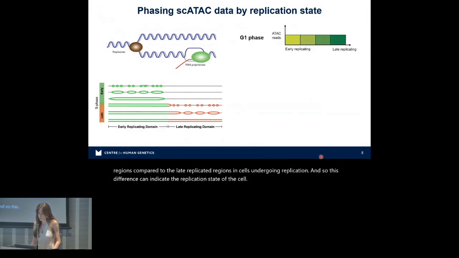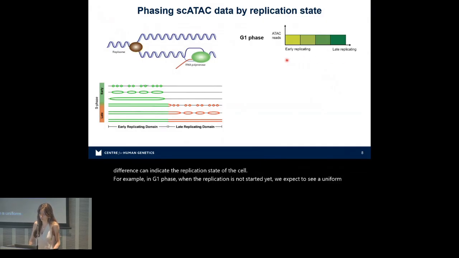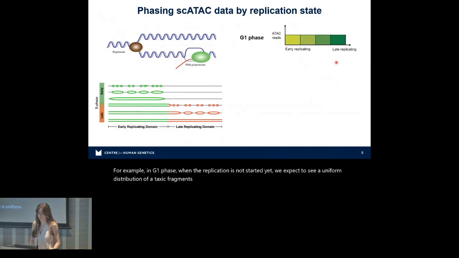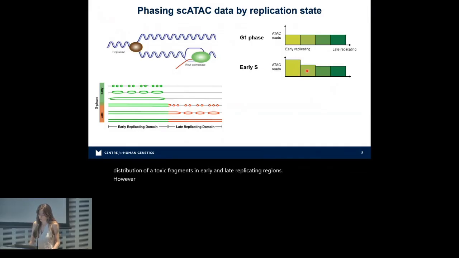For example, in G1 phase, when the replication has not started yet, we expect to see a uniform distribution of ATAC fragments in early and late replicating regions. However, in early S phase, when the replication starts, we expect to see more ATAC fragments coming from early replicating regions, as those regions will already have 2 copies of the DNA.